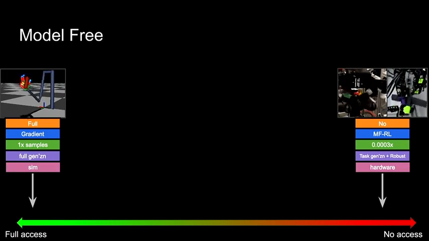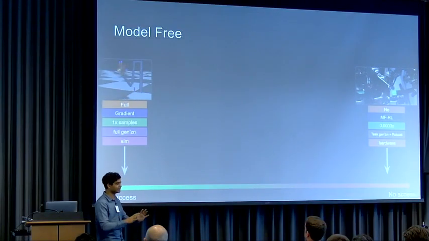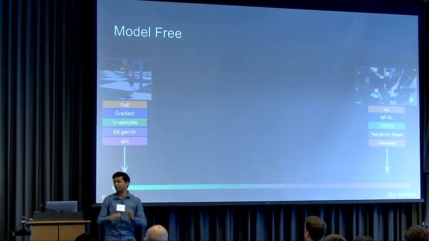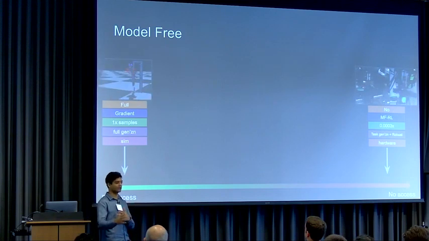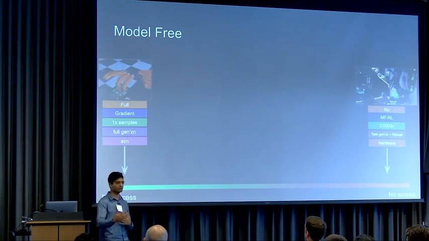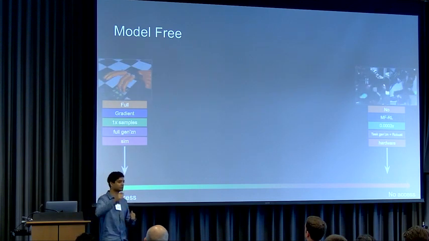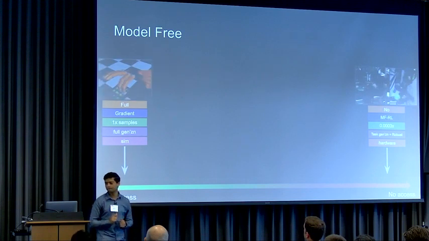I will probably say that these kinds of assumptions and settings are only possible in simulation. That's why I'm putting a label simulation over there, that it works in simulation. If we want to run it in the real system, the access to the true dynamics function is not available. So the benefits that we get from gradient-based and MPC planners cannot directly transfer to the real world.